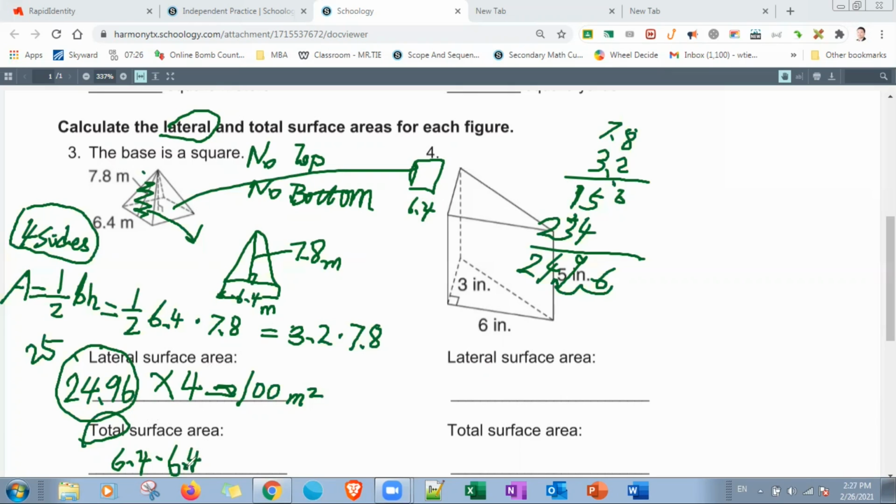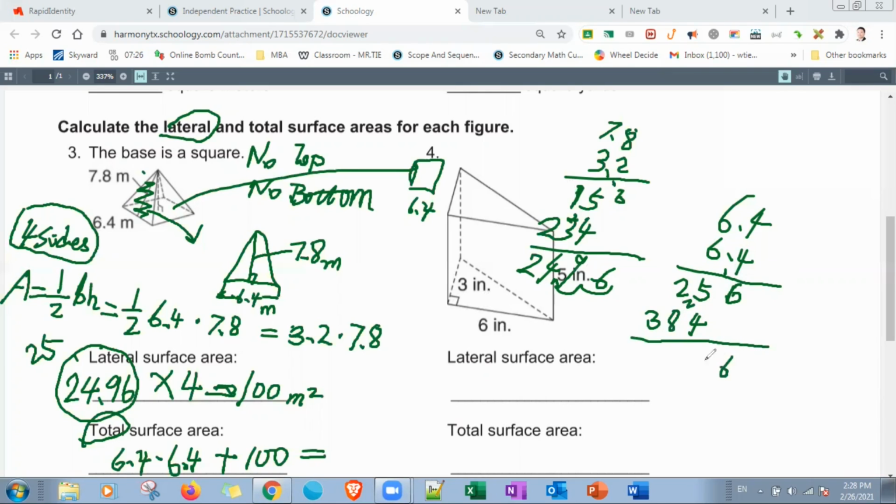Then we have to add this 100 meters square. Let's get a total. 6.4, 6.4 multiplied together. 36, plus 2, 38.